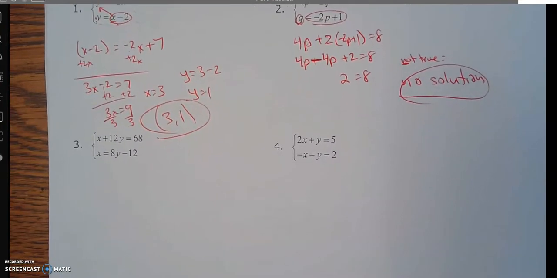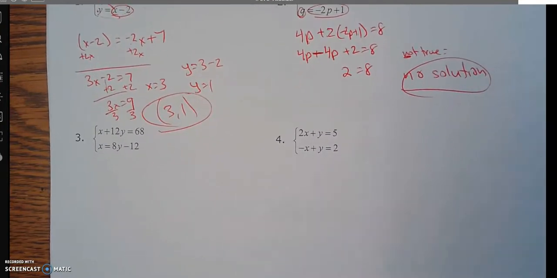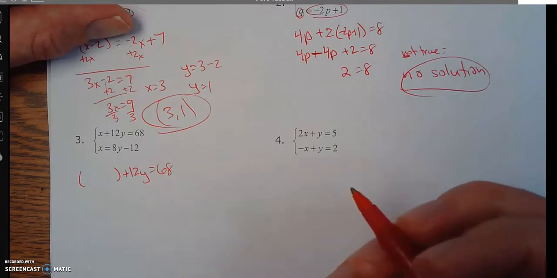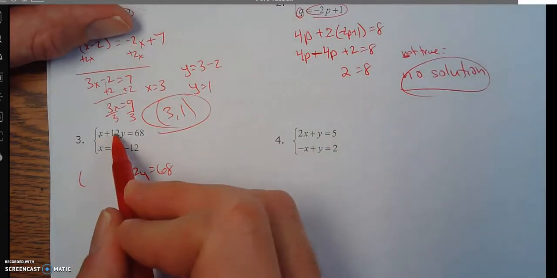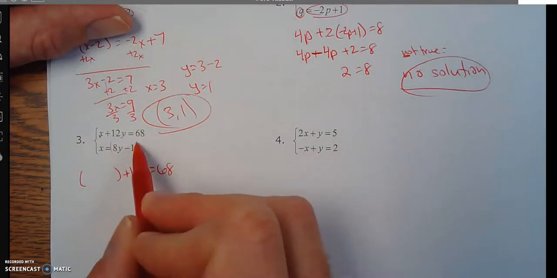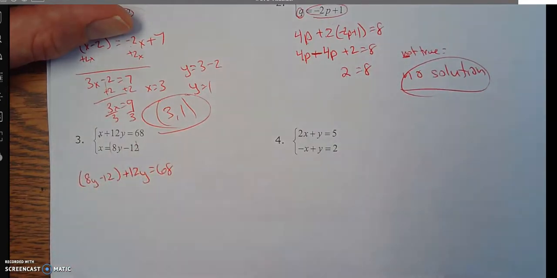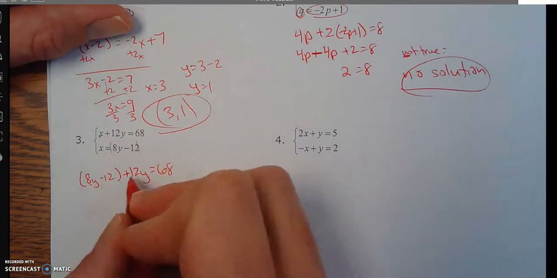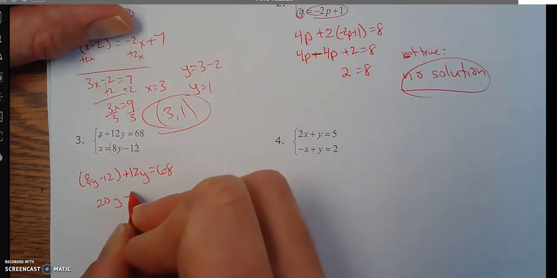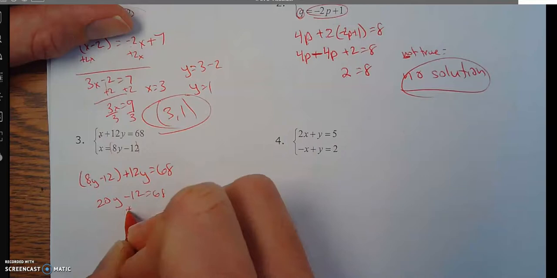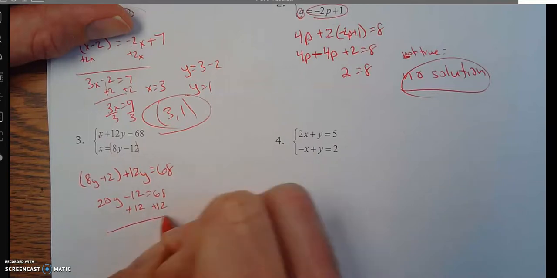Okay, so I'm going to speed things up a little bit here. I've got x plus 12y equals 68. Well, I'll plug in what x equals, which is 8y minus 12. So I've got 8y plus 12y is 20y minus 12 equals 68. Add 12.